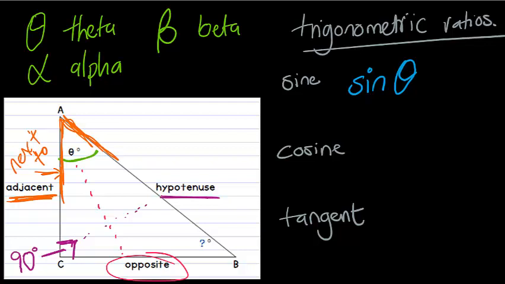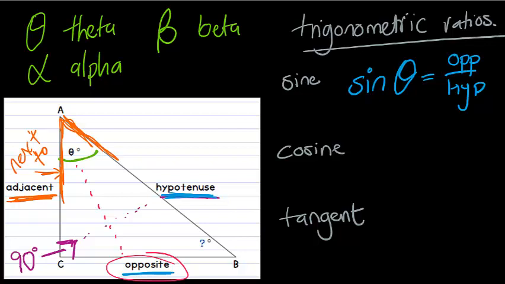Sine of theta is going to be the ratio of opposite over hypotenuse. And this is where you immediately see why we identify adjacent, opposite, and hypotenuse. So for me to work out the sine of theta, I am going to take the opposite side and divide it by the hypotenuse. That gives me the sine of theta.